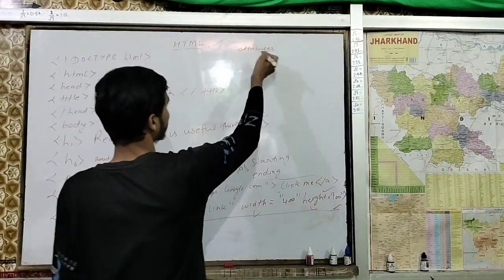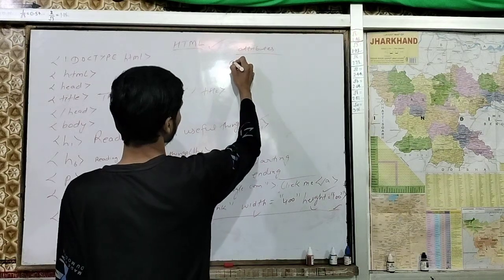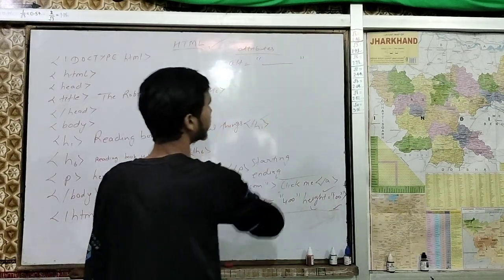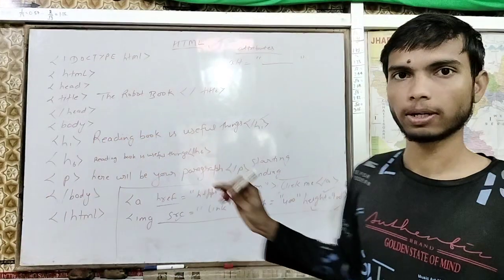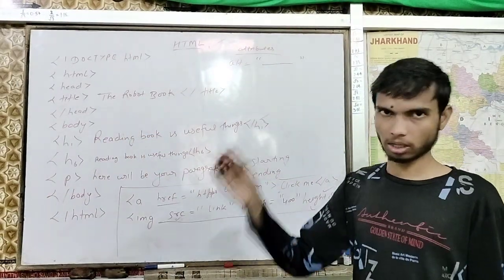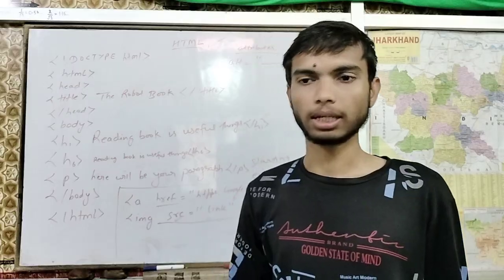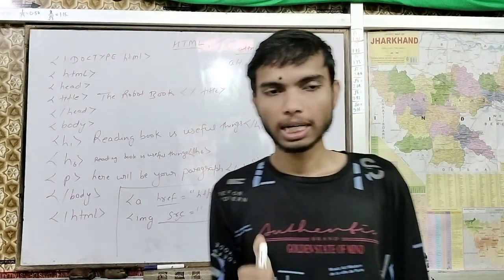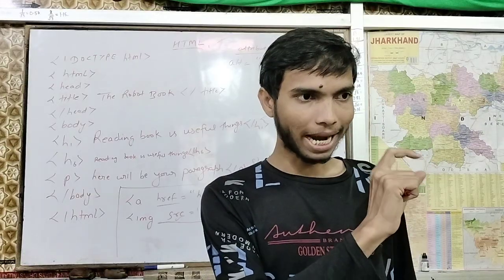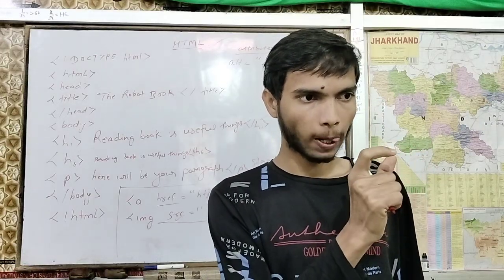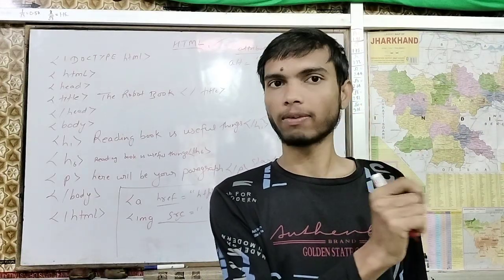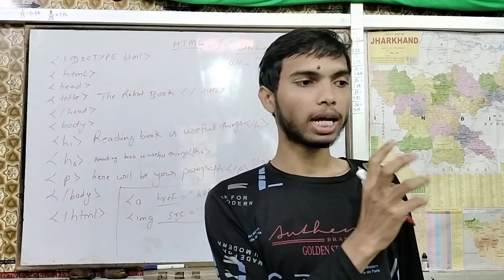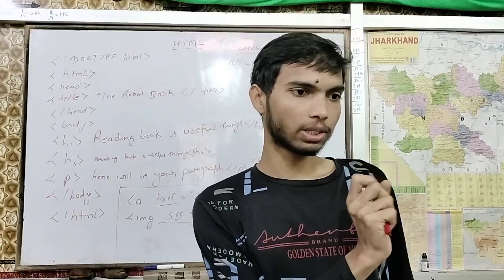Now the next attribute, which is alt. What is the work of this alt? For example, there is no internet connection. Then the developer wants that when a user comes and the user's internet is not available at that time, there is still a way to show that yes, here was this image.